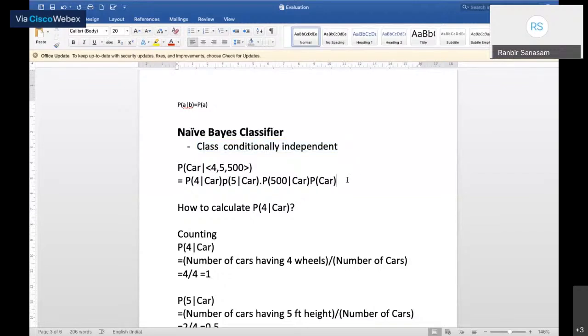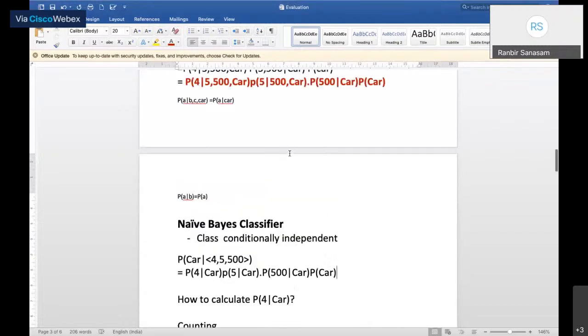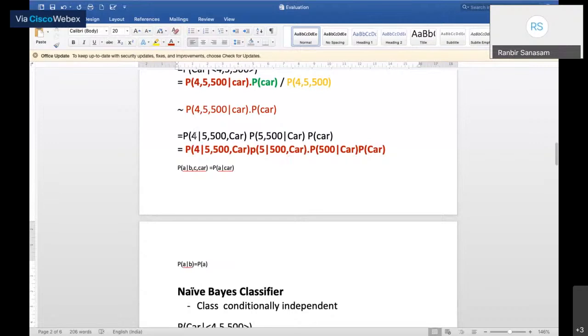So here we are applying the classification condition, which is class conditional independence. After this assumption, I can say that every feature is conditioned on the class. Previously in the Bayesian classifier, features were conditioned on the other features as well as the class, right?